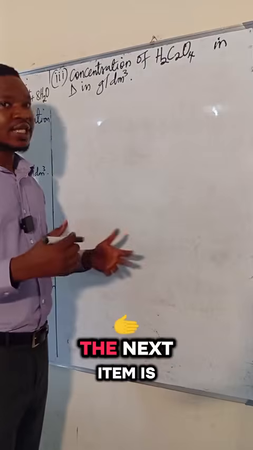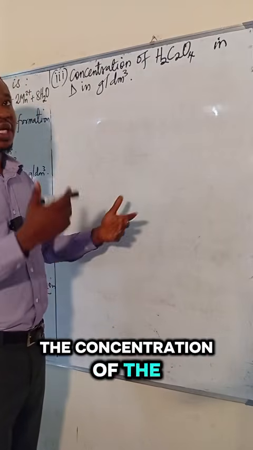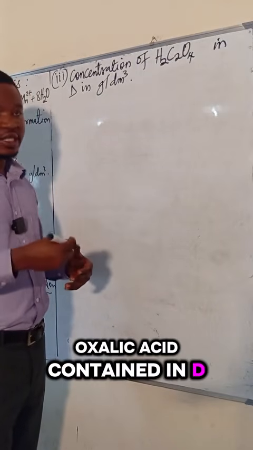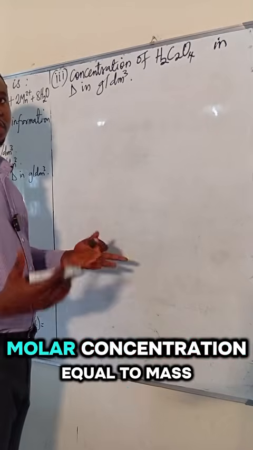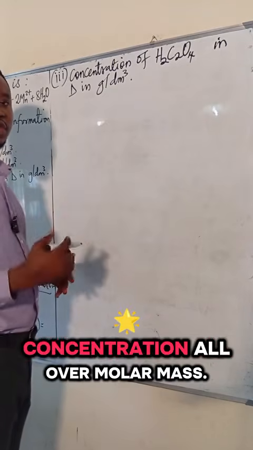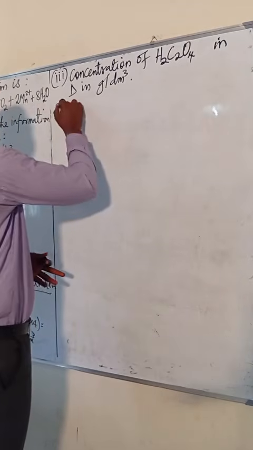That's it. The next item is the concentration of the oxalic acid contained in D in gram per dm cube. Let's do that. Using molar concentration equal to mass concentration all over molar mass.